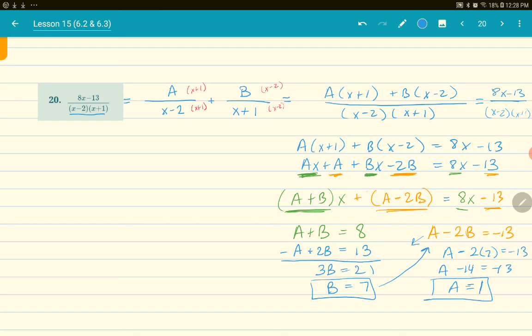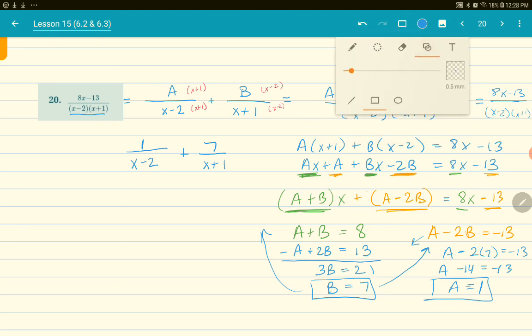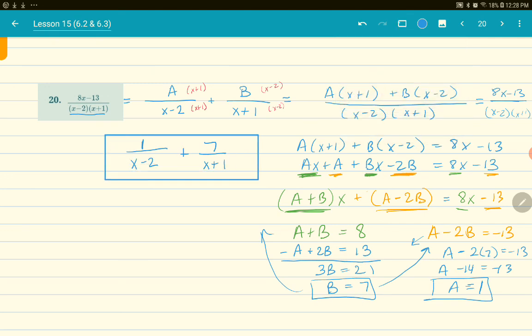So a equals 1, b equals 7. Now I can take that information and plug it back into the format that I set up in that first step. So a was 1, so I have 1 over x minus 2, and b is 7. And that is my final partial fractions.